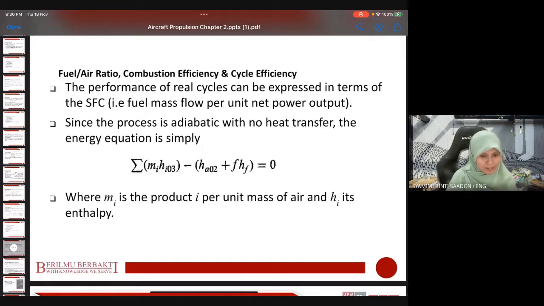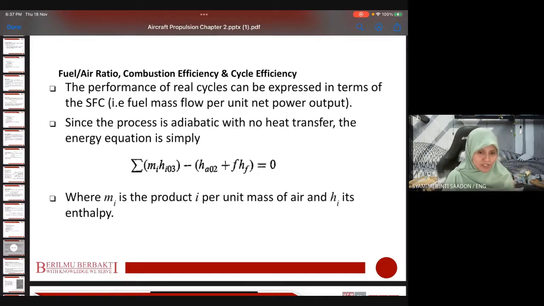We know that energy is conserved between inlet and outlet, so from the conservation of energy we derive this expression. I'm not going to do the mathematical derivation, just explain how we get this expression.